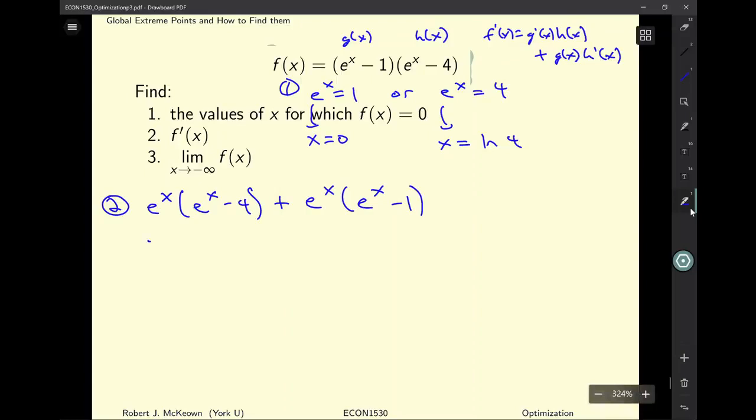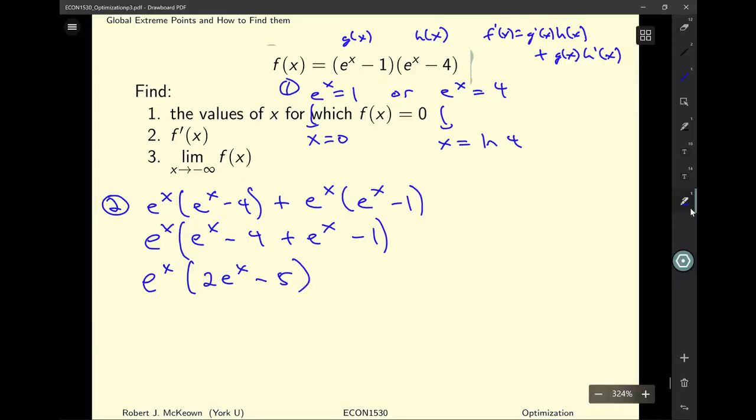Now, I can factor out e to the exponent x, and then in the bracket, we're going to have e to the x minus 4 plus e to the x minus 1. And we've got e to the exponent x times 2e to the exponent x minus 5. And this is equal to f prime of x.